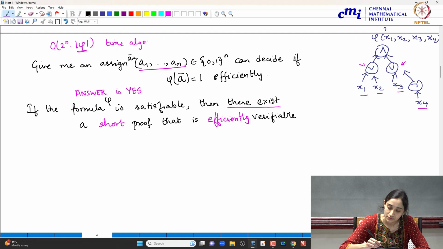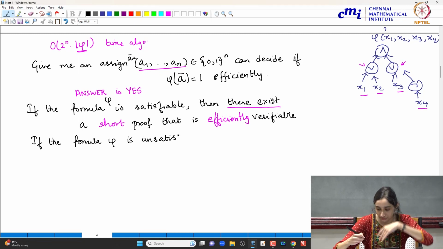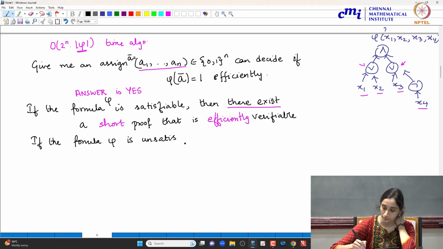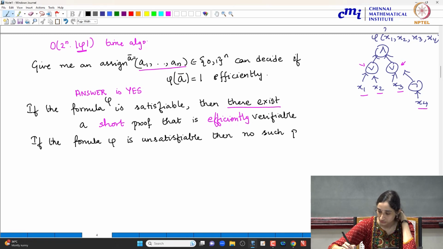And if the formula is unsatisfiable, what can you say? By unsatisfiable, I mean that there is no assignment that you can set so that the resulting thing will be 1. Then no such proof exists.